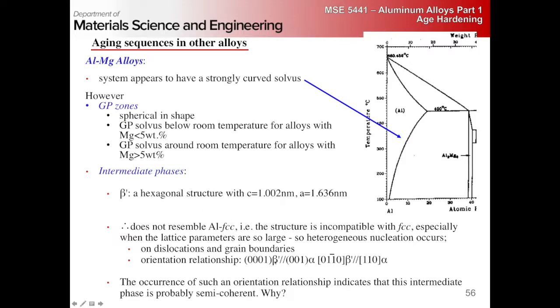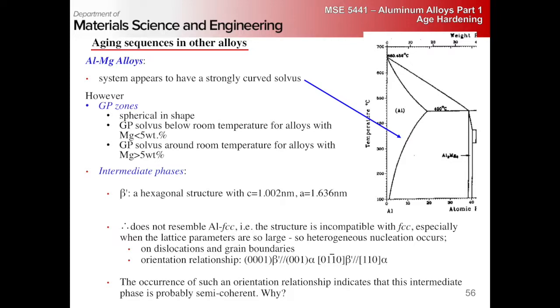So the basal plane in the hexagonal is parallel with the cube plane in the alpha, the FCC phase, and the [01-10] direction in the beta is going to be parallel with the [110], the face diagonal in the FCC.